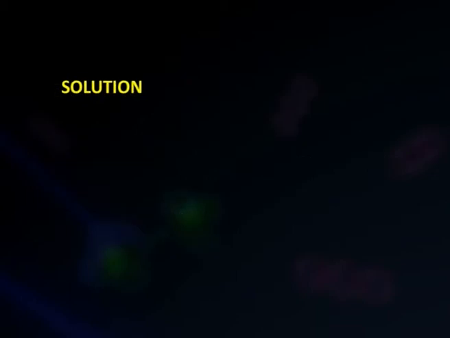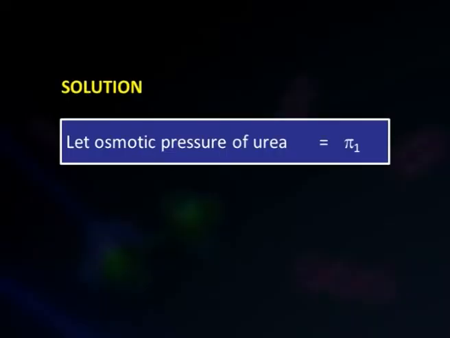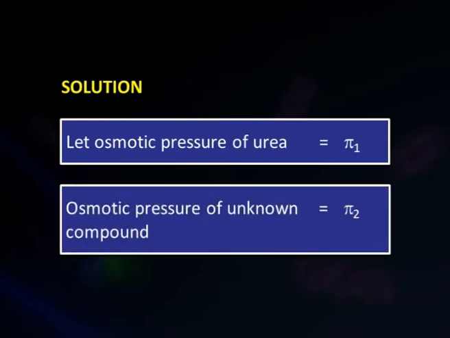As osmotic pressure is given by CRT, let us take the osmotic pressure of urea equal to pi 1 and the osmotic pressure of the unknown compound equal to pi 2. As these two solutions are isotonic, hence pi 1 will be equal to pi 2.